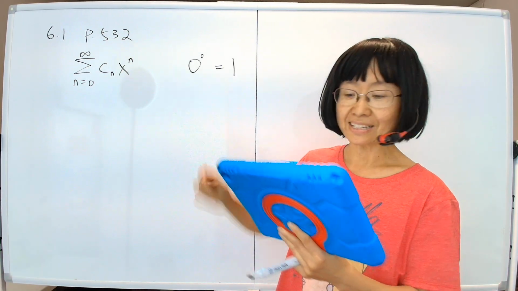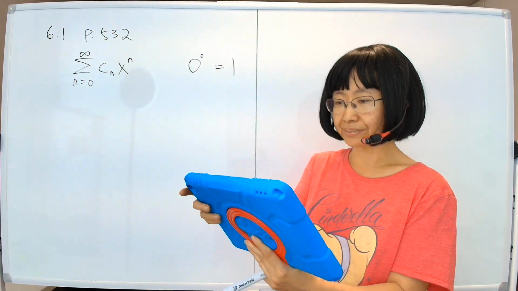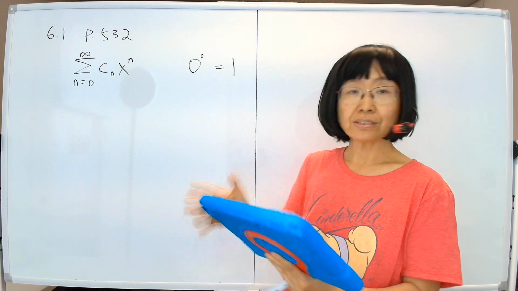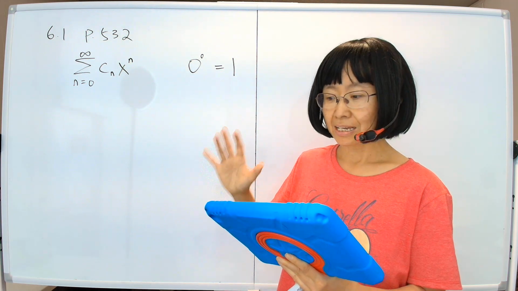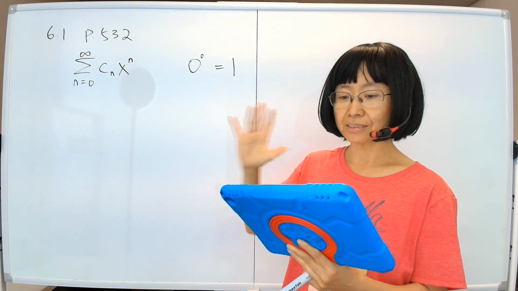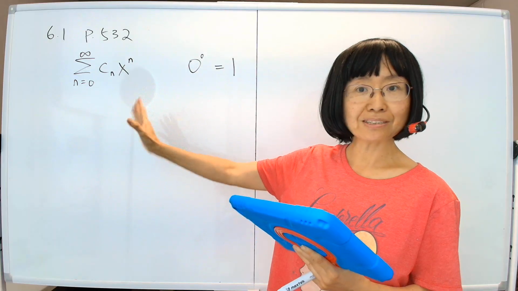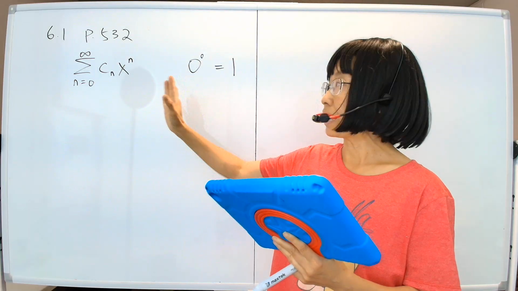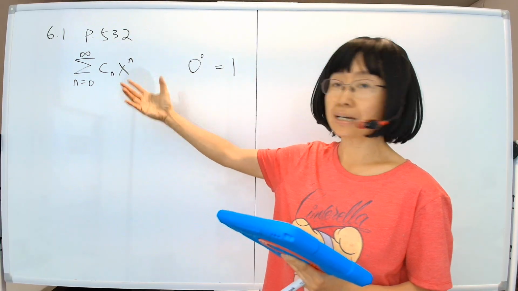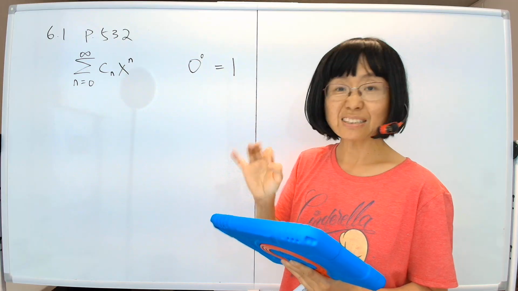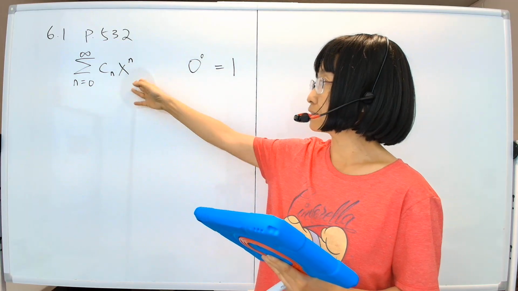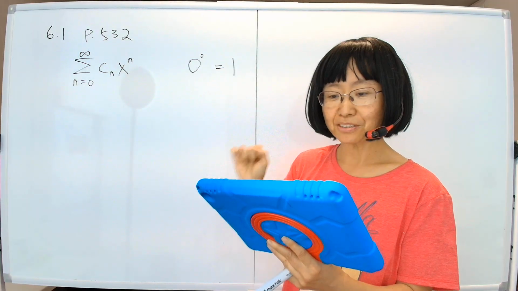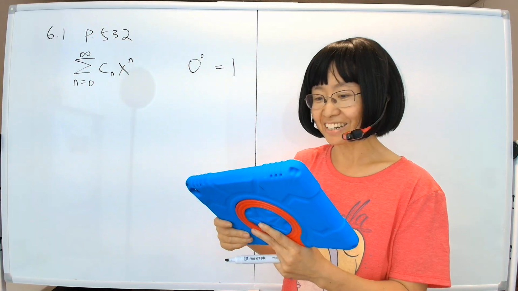Otherwise, it doesn't make any sense. So the first condition is fine: a power series at least converges at x equal to a, or at the point 0, but that's not really very exciting because all the x's become 0. The question is, does it converge anywhere else?